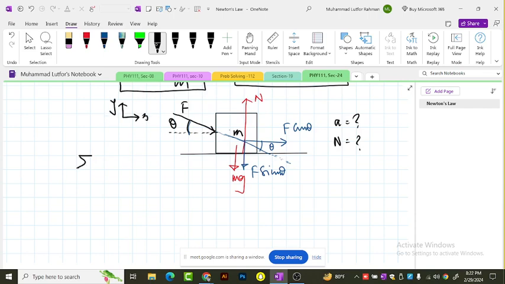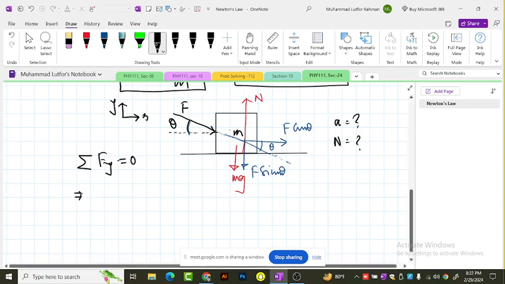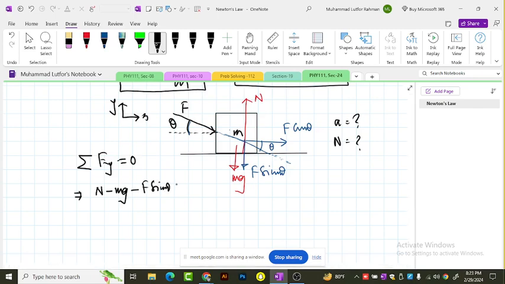Then I can write the net force along the y direction would be equal to 0, right? Why is it 0? Because again, it's not moving along the y direction, so that's why it is equal to 0. Then from this free body diagram, I am supposed to write N minus mg minus F sine theta equal to 0, right?